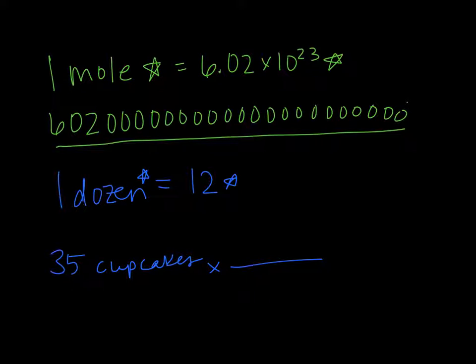Well, we know that there would be 12 cupcakes in 1 dozen. And so I put cupcakes on the bottom so that it could cancel out on the top here. And we end up with dozen on top, which is what we wanted. And then I'm going to take 35 and divide by 12, and that gives me 2.92.